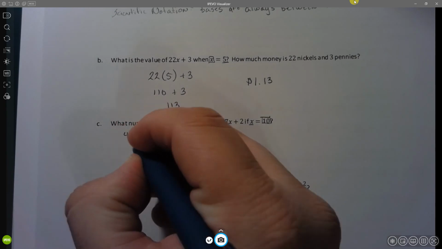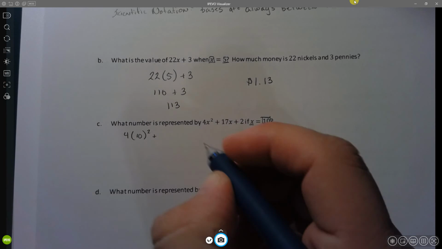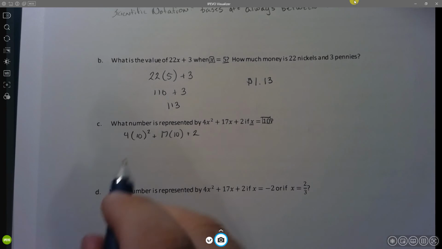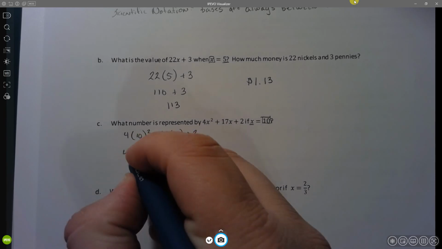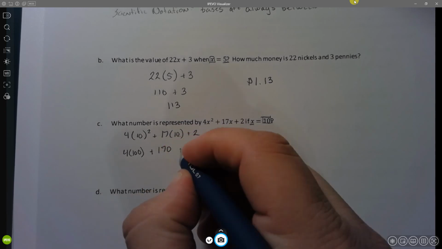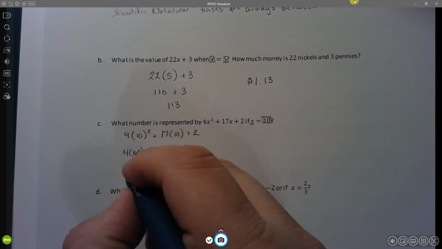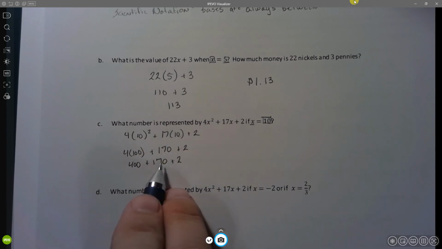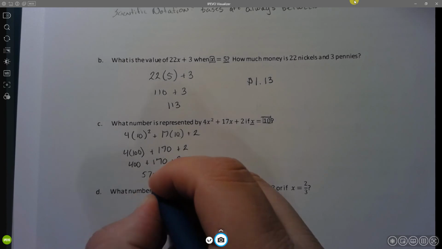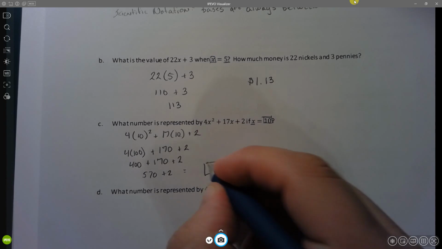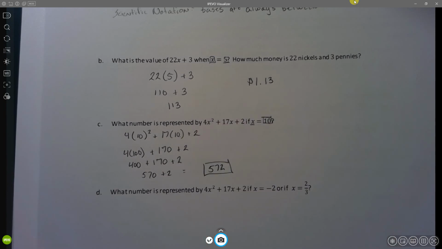So 4 times 10 squared plus 17 times 10 plus 2. 10 squared is going to be 100, so 4 times 100 plus 17 times 10 is going to be 170 plus 2. 4 times 100 is 400 plus 170 plus 2. 400 plus 170 is 570. 570 plus 2 equals 572. It's just substituting and solve. This is what polynomials are all about.